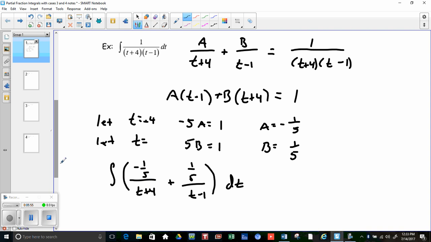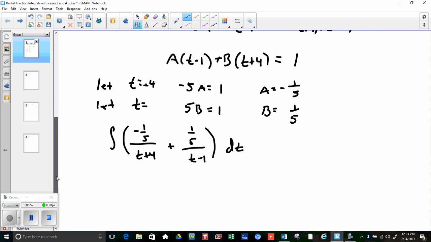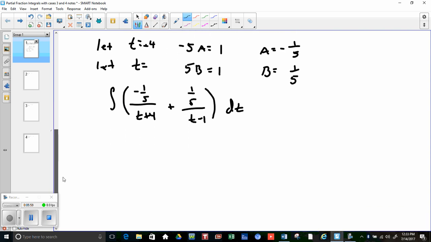So hopefully you remember that if I have a constant over top of a linear function, when I go to take the antiderivative, it will be a natural log. So the antiderivative of this piece right here, the constant stays there, which is negative 1/5.